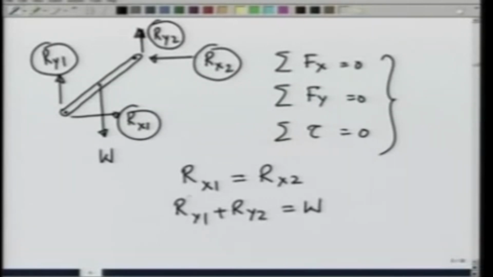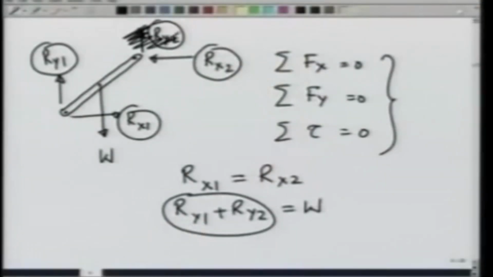You see, all I can determine through this is R y 1 plus R y 2, not R y 1 and R y 2 individually, and this is the degree of indeterminacy. So, this is statically indeterminate problem and degree of indeterminacy is 1, because I can remove this constraint of providing a vertical force and still keep the system in equilibrium.